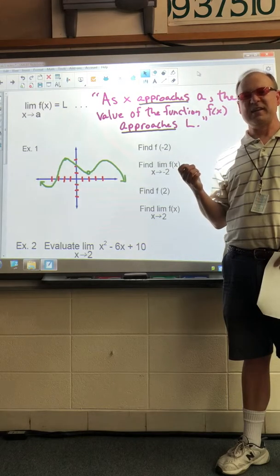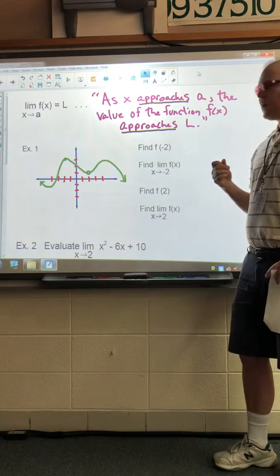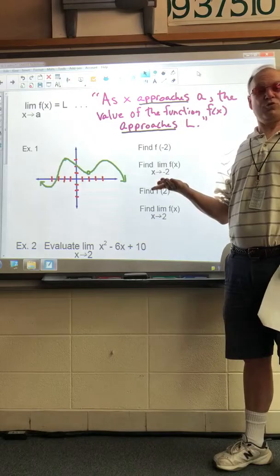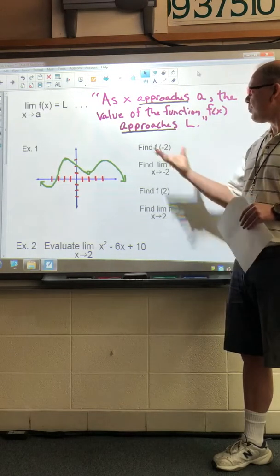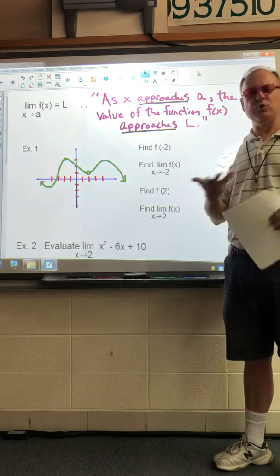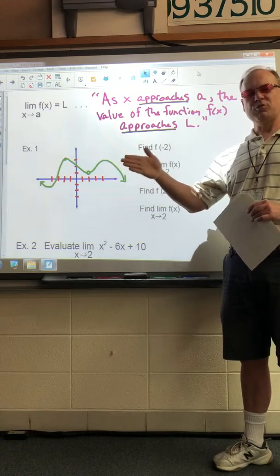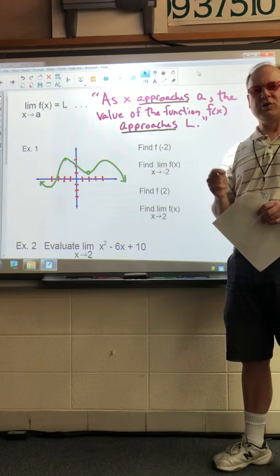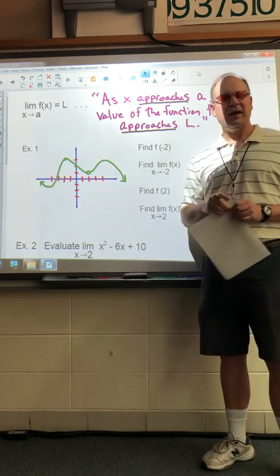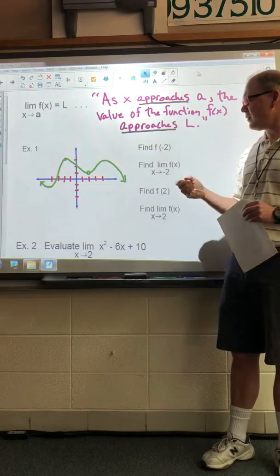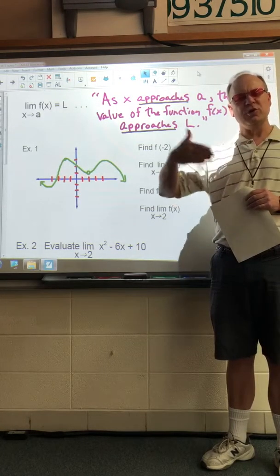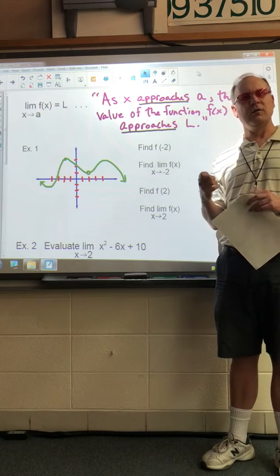That's kind of the key idea, because once you get there, then you're not approaching anymore. Then you have arrived. So approaching does not include an arrival. Approaching is just getting closer and closer. Part of calculus is the idea that you can always get closer than where you are.